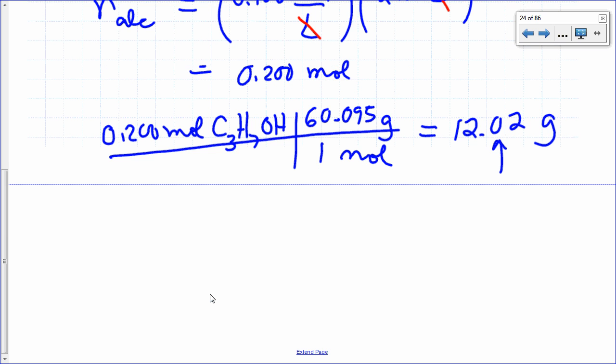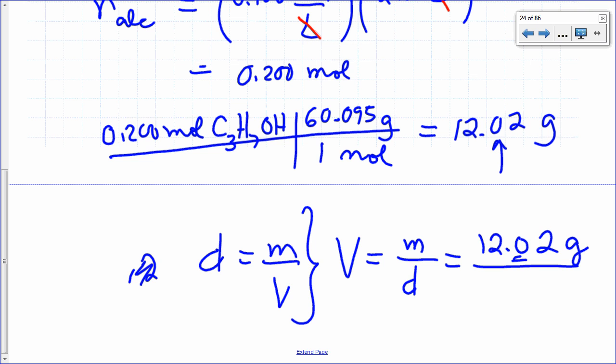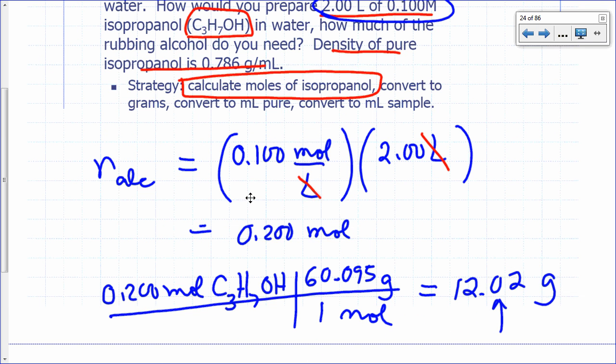So what you do is you change that to volume. Density is mass over volume. So if you want to solve for the volume, volume is mass over density. So 12.02 grams, keeping in mind that last sig fig there is the first decimal place, divided by the density, which is 0.786 grams per mL.